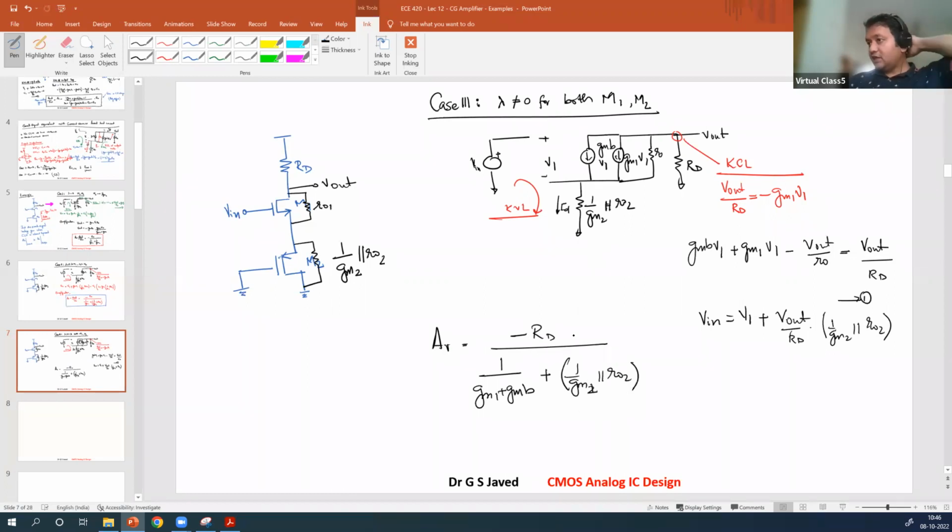This effective RD will now be, what will it be? RD parallel with RO1 and RO2. Okay, so that will be the output that you see here. Any intuitive analysis you got?